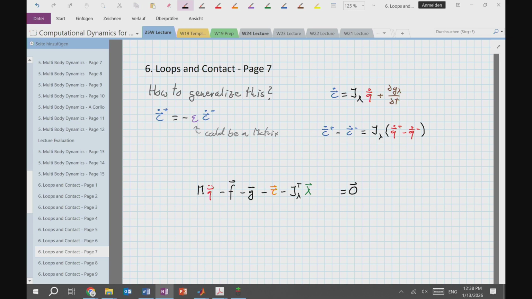And that gives rise to the idea to simply go ahead and integrate this equation over time from t minus to t plus, integrated over time, so integrate dt. So this is the idea that we will pursue here. We integrate the equations of motion over the collision.